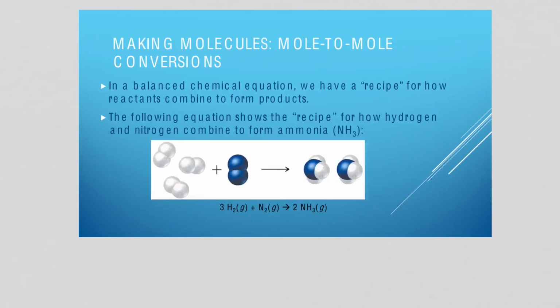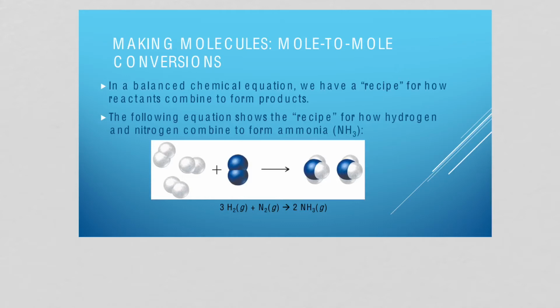So we have to think about a balanced equation as a recipe, right? So they tell us how the reactants combine to form products. So, for example, the recipe to make ammonia is that I need 3 parts hydrogen to 1 part nitrogen to give me 2 parts or 2 ammonias, right?